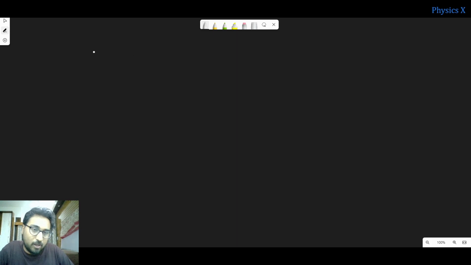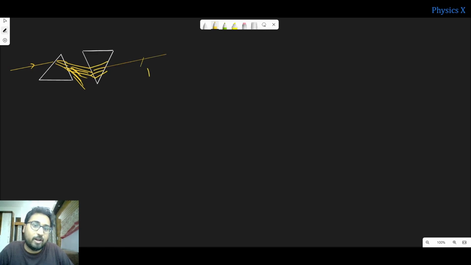Newton observed a phenomenon. Suppose he placed a prism like this, and then another prism like this. He made a ray of light incident on the first. As you know, it will spread into the 7 colors. These colors pass through the second prism, the reverse happens, and you observe white light again.